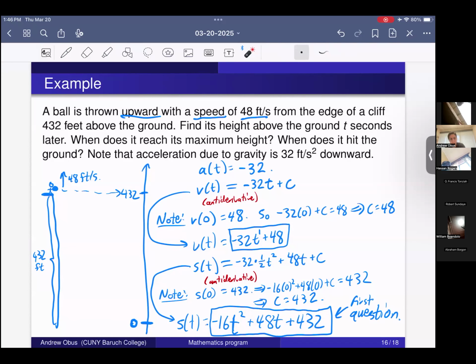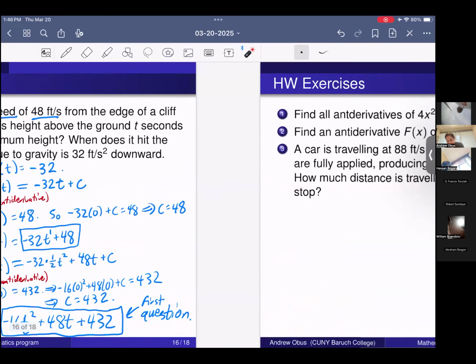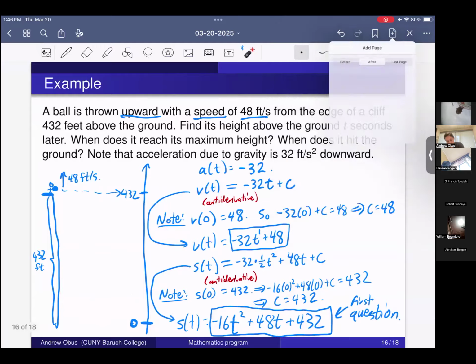Okay. So now we want to answer the next two questions. When will it reach its maximum height? And when does it hit the ground? I'm going to just recopy this on the next page. Then we'll answer these last two questions. Let me add a new page.